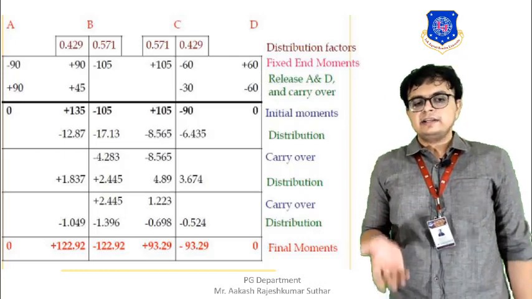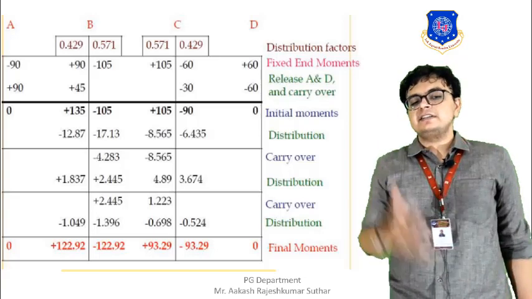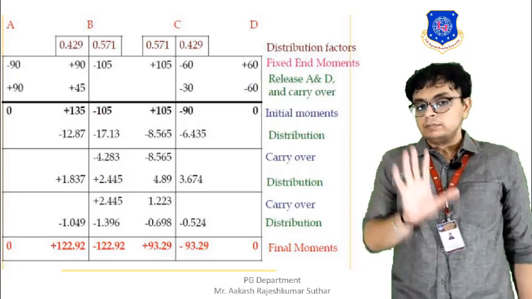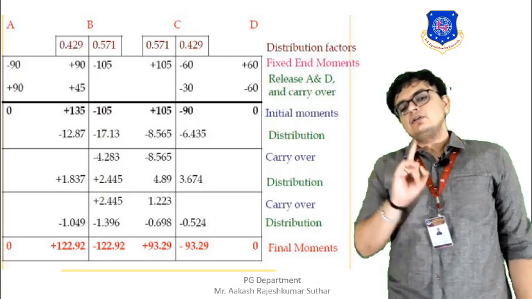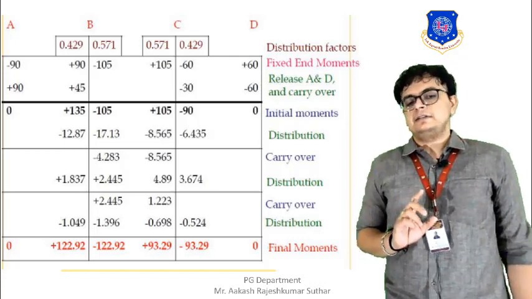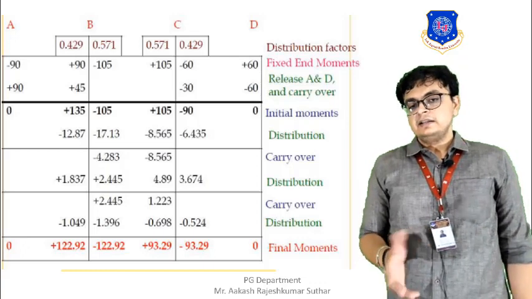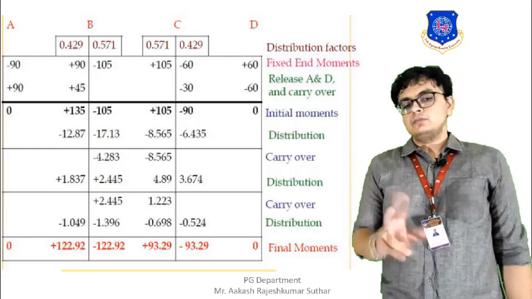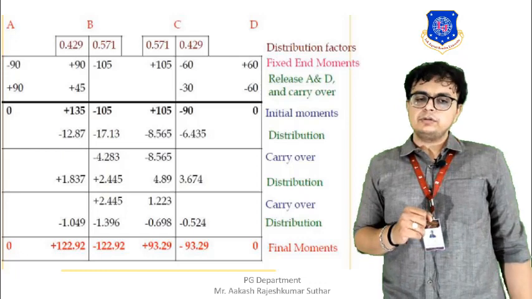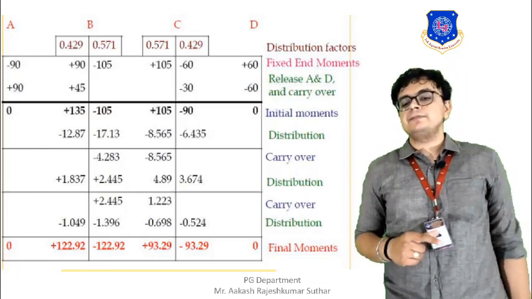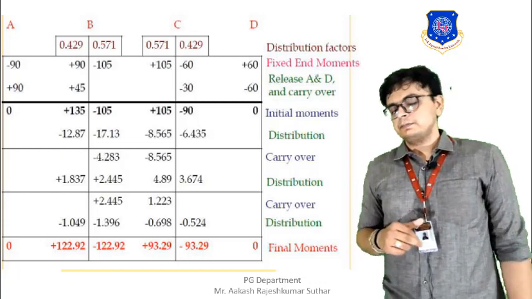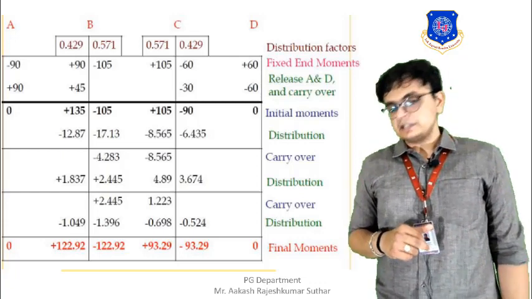If you are getting the same value on the left hand side and the right hand side, with just a change of sign, then your calculation is perfect. But if you are not getting the same value on both sides, then you have to perform the steps of calculation again, because there will be some mistake.